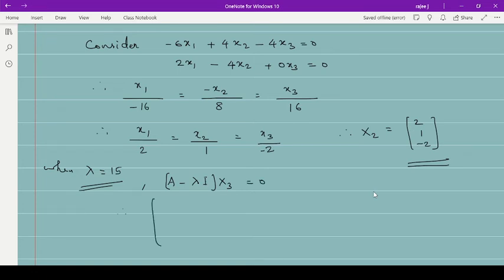Therefore A minus lambda means 8 minus 15, minus 7, minus 6. So from 1, minus 6, 2; then minus 6, 7 minus 15, minus 8, minus 4; 2, minus 4, 3 minus 15. Solve this.